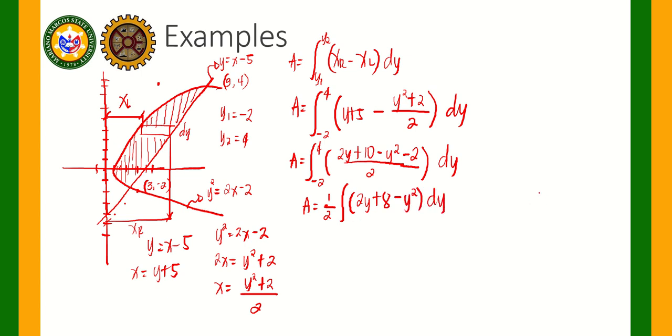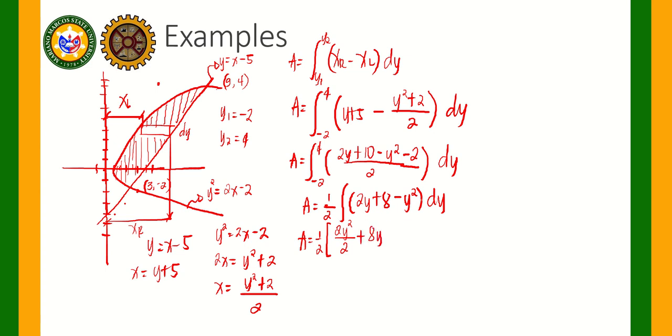And we can separately integrate each term. So, area is equal to 1/2 times the integral of 2y dy, that is equal to, diretso na lang natin, this is 2y squared over 2. Okay, and then the integral of 8 dy, that is equal to positive 8y.